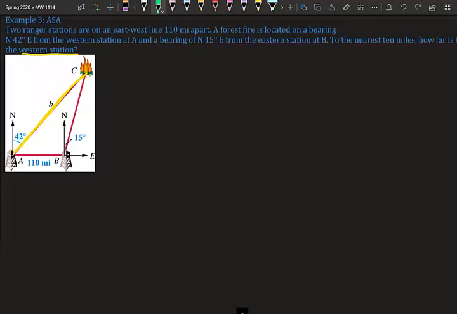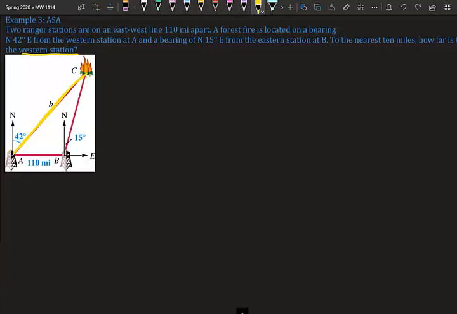Then it says from the western station at A and a bearing of north 15 degrees east. So that's why our eastern station has our 15 degrees right here from the bearing. The bearing is from the north, right here, okay?